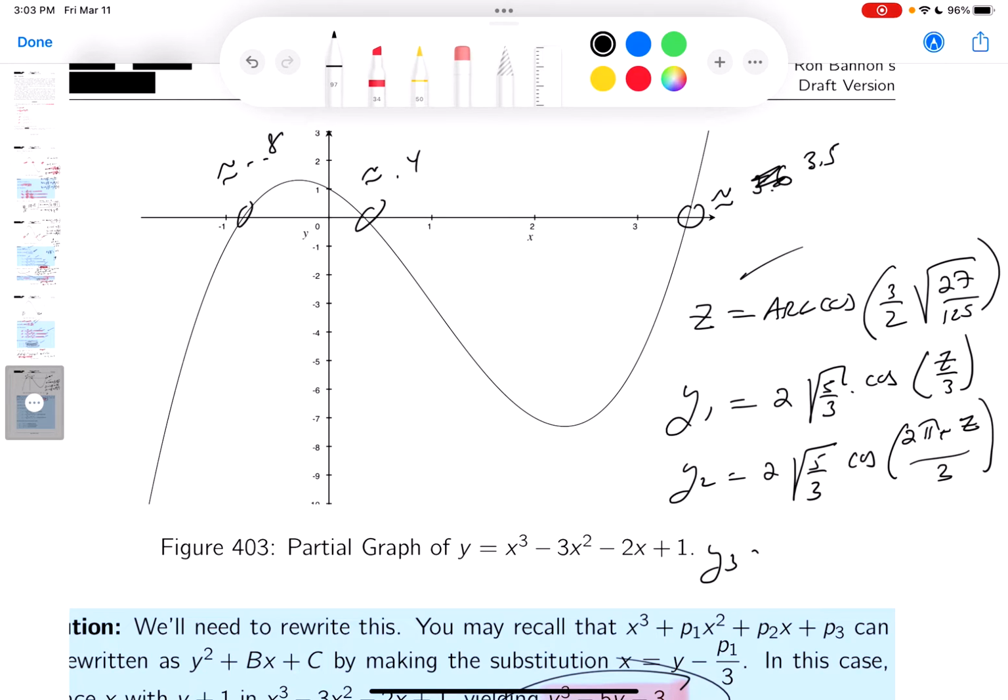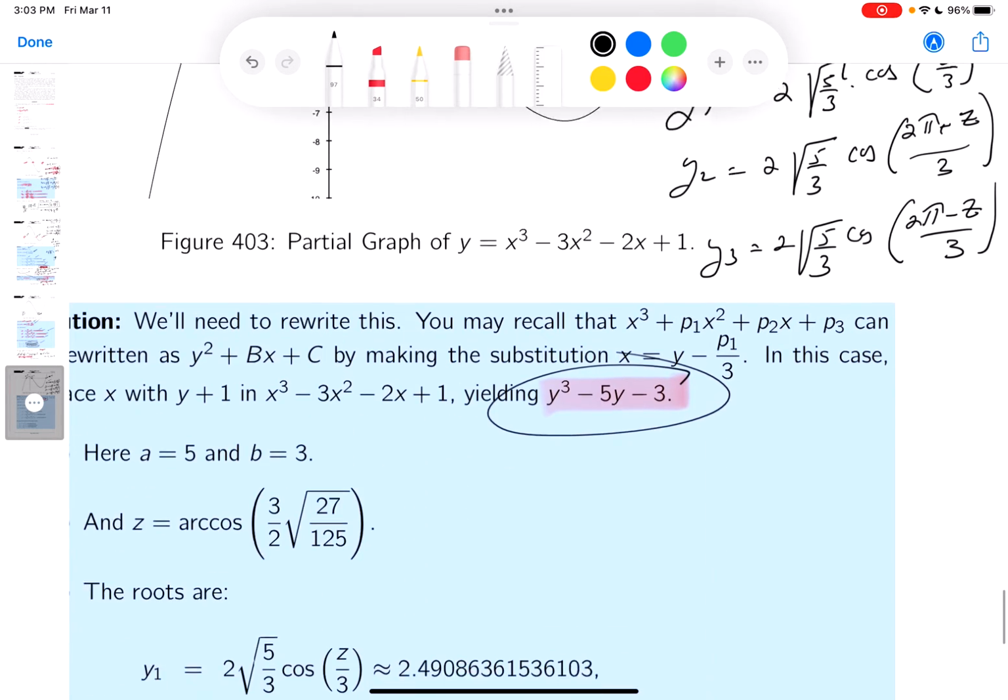And then y3 is going to be 2 root 5 over 3 cosine of 2 pi minus z over 3. And then you compute those numbers.